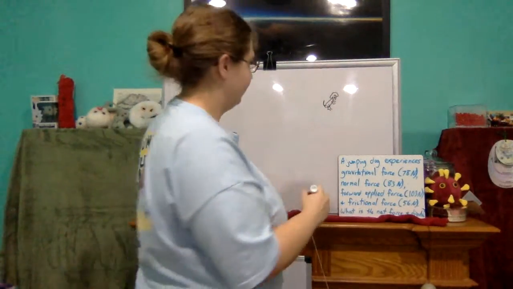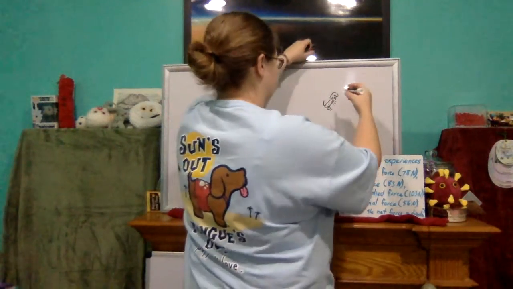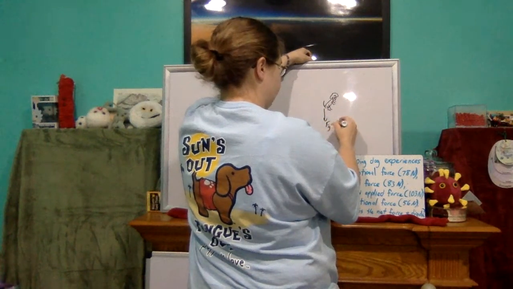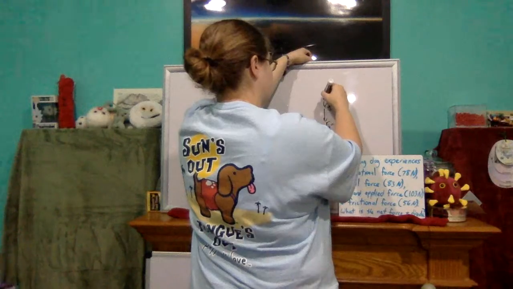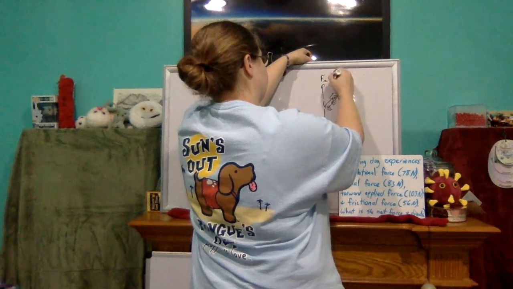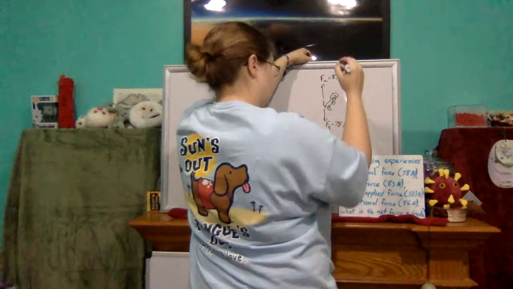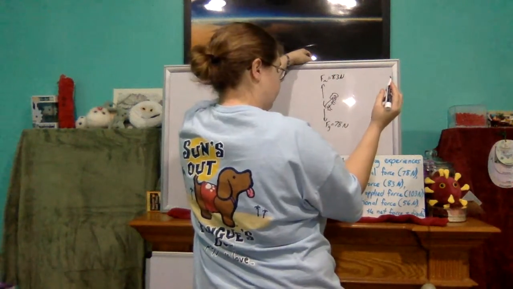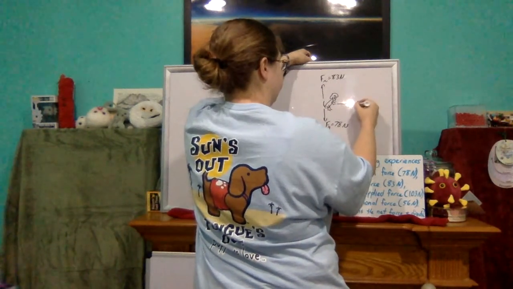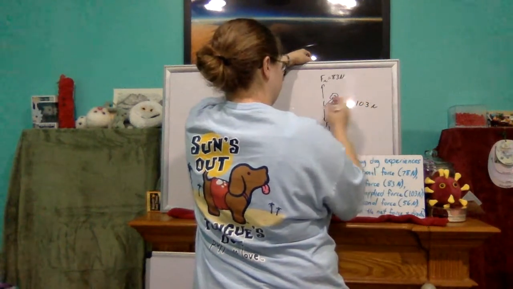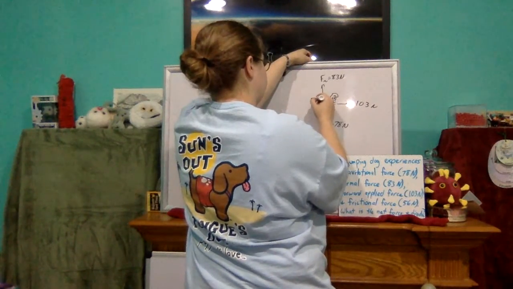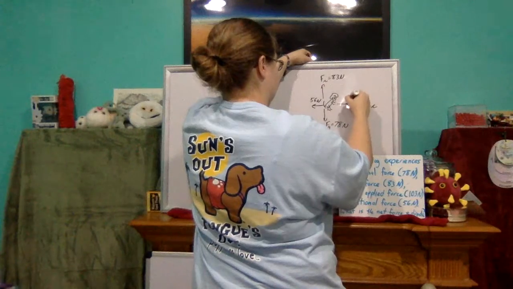It's okay. And we know that there's a gravitational force of 78 newtons, normal force of 83 newtons, a forward applied force of 103 newtons and a frictional force of 56 newtons.